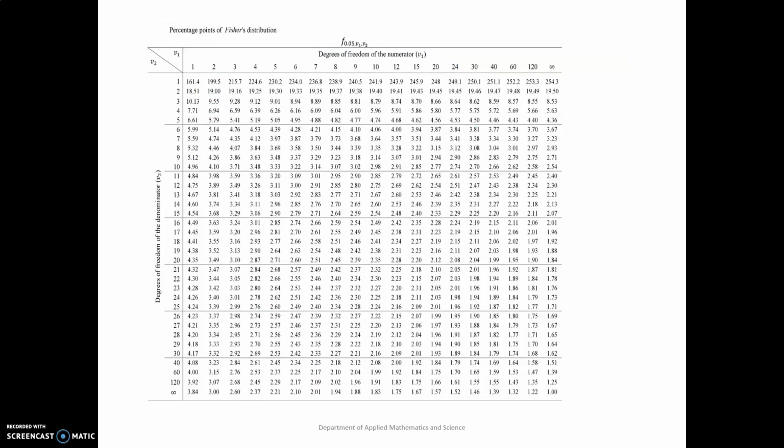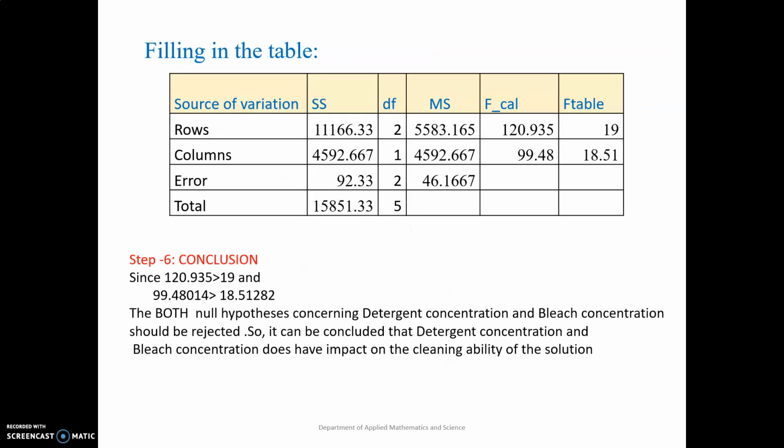The table value for the column factor, we know that the degree of freedom for the column is 1, for the error is 2. So the table value for the column factor is 18.51. Now comparing these 2 values, we can see that the calculated value in the first part is greater than the table value.